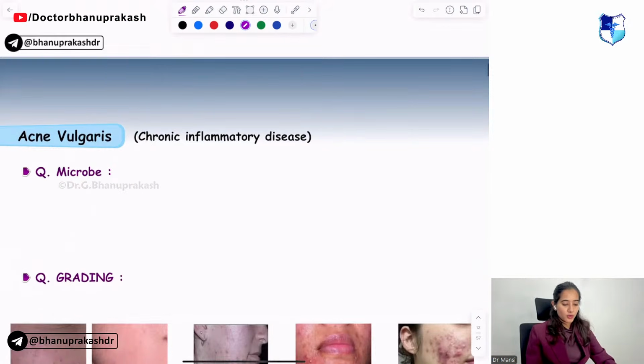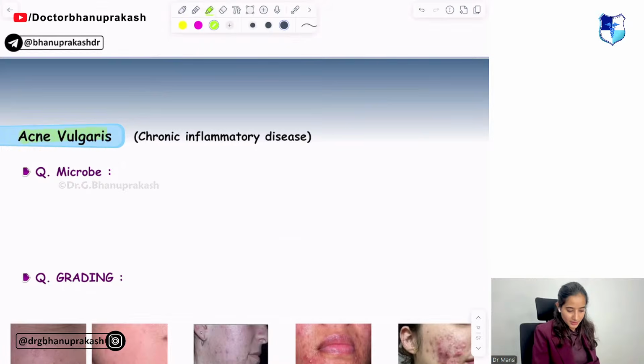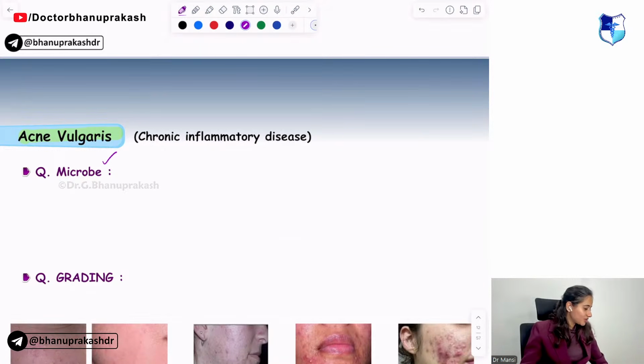Then we move on to acne vulgaris. This is very, very important, I'll tell you. This is a previous FMG question. Microbe implicated with acne vulgaris. Can you tell me? I'm just waiting for a response. Yes. Thank you, Anirudh, for answering this.